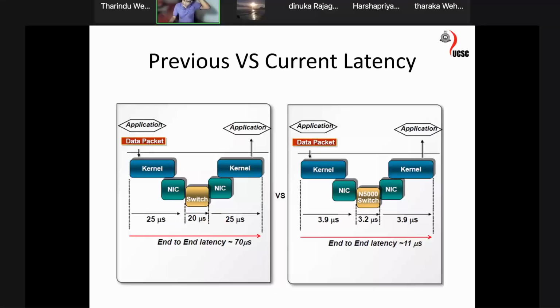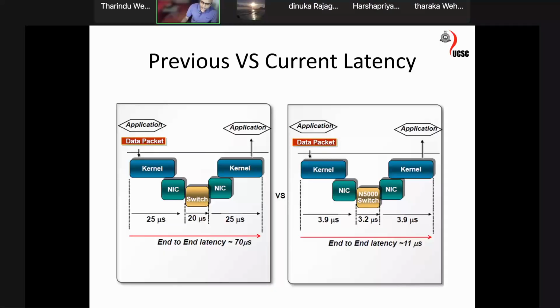In the first left side diagram, you can see that if you purchase usual cable, usual server, general enterprise server, enterprise operating system, and enterprise normal store and forward switch, which is the normal costing, you get somewhere around 70 microseconds end to end one-way latency from your server to server, because the server is adding the kernel stack, which is the TCP/IP stack, with the network drivers and the network card, 25 microseconds.